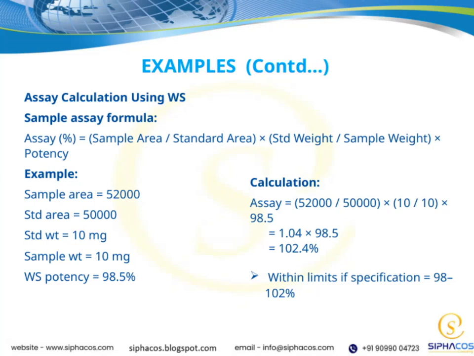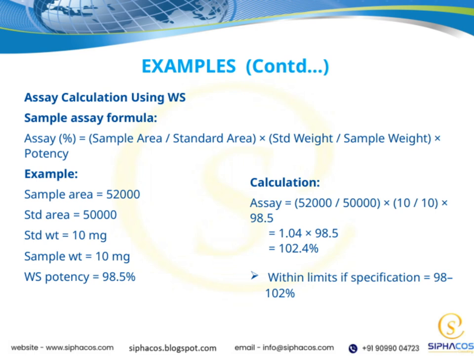Let's walk through the calculation step by step. First, we take the ratio of the sample area to the standard area, which is 52,000 divided by 50,000. Then, we multiply that by the ratio of the standard weight to the sample weight, which in this case are both 10 mg, so that ratio is 1. Next, we multiply by the potency of the working standard, which is 98.5%.